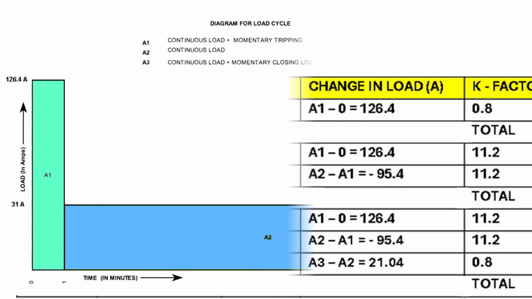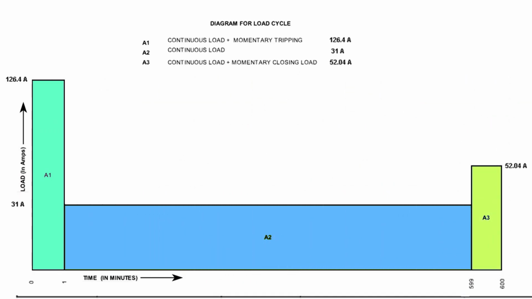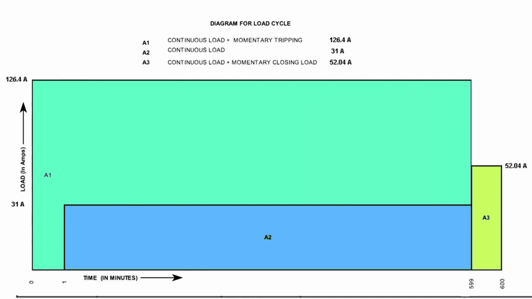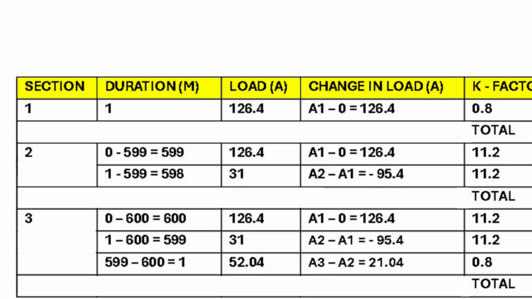Now we will go to the next section. Here we will consider that the initial block, that is A1 block, will continue and overlap with the next block, that is A2 block. So if the initial current continues for the next block also, then the total duration will be 0 to 599. During that time, the current loading is this, and the change in current is similar to the previous block.